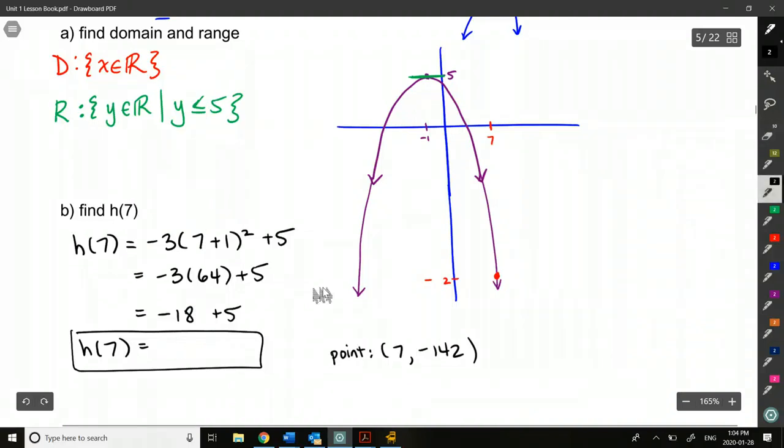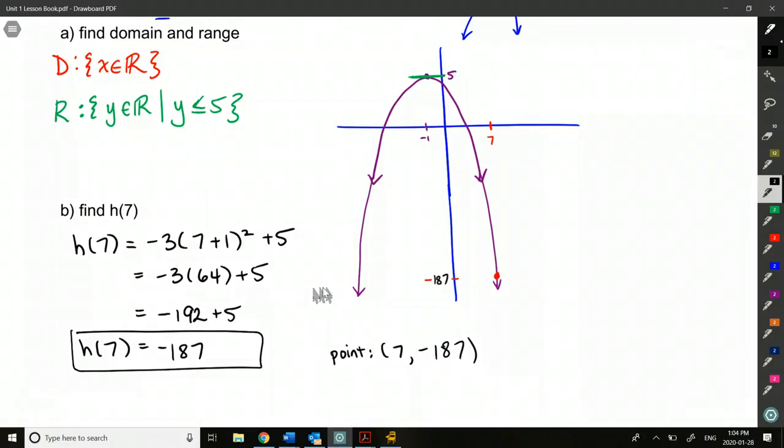So that is 192. Yeah, 192. Okay, perfect. And then negative 187, right? Perfect. Thank you for pointing that out. I got negative 187. Yeah, that's right. We got it figured out.